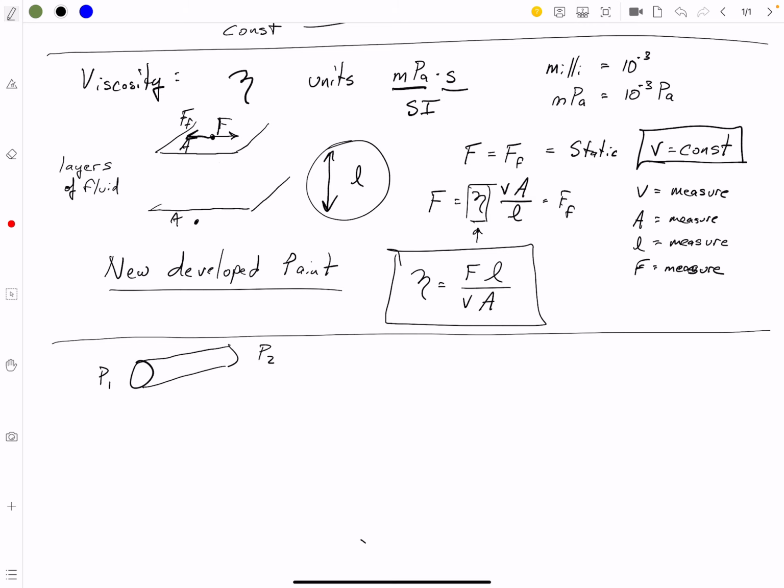The only reason that we're going to have flow is because, if the flow is going in this direction, P1 is greater than P2, right? If they're equal, are we going to get flow? If P1 equals P2, do we get any flow? No. So you gotta have a difference. You gotta have a delta pressure for flow to happen.